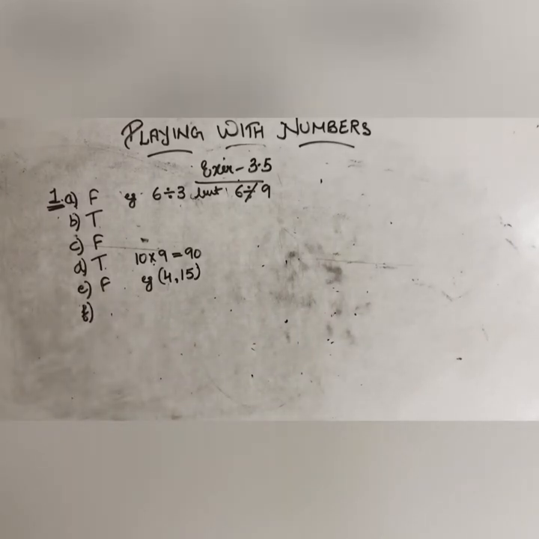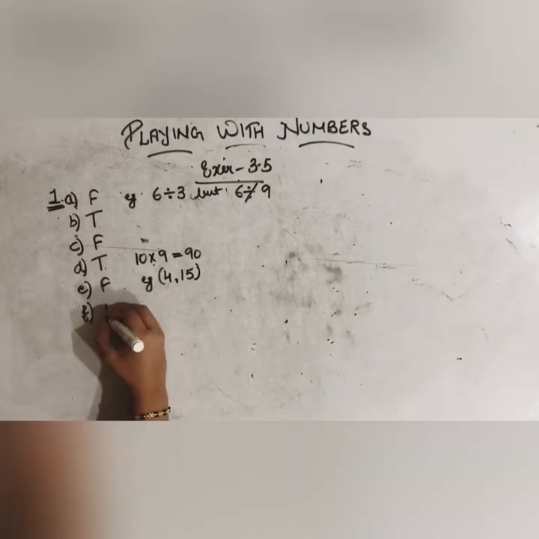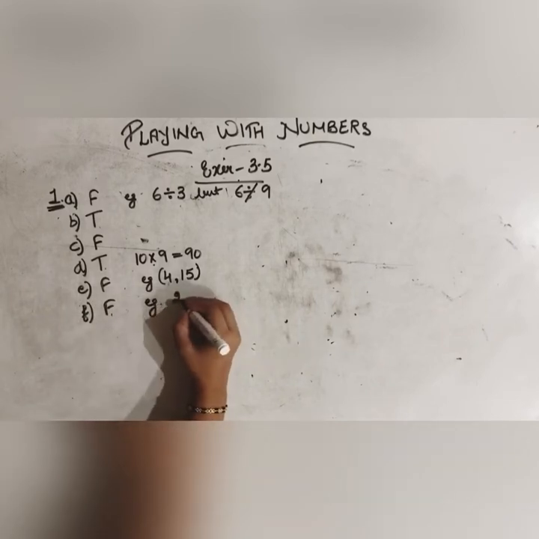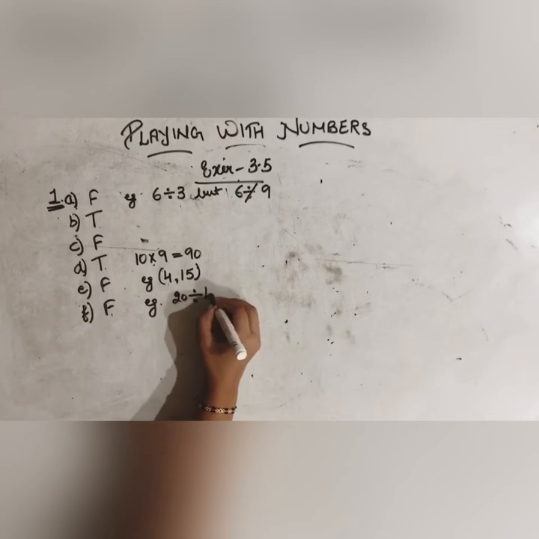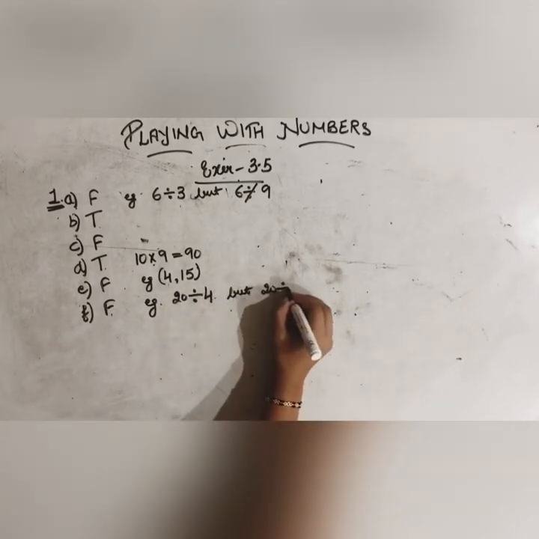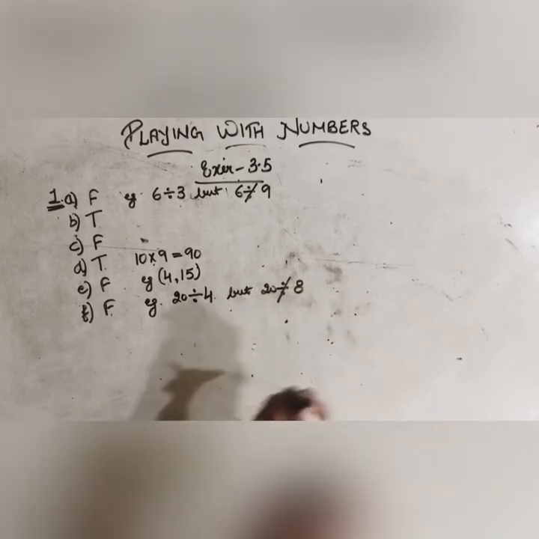Next part: All numbers which are divisible by 4 must also be divisible by 8. False. We can take an example: 20 is divisible by 4, but 20 is not divisible by 8.